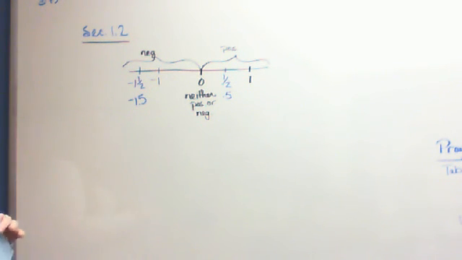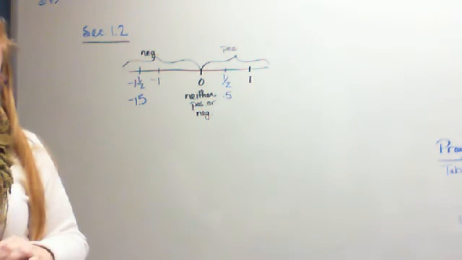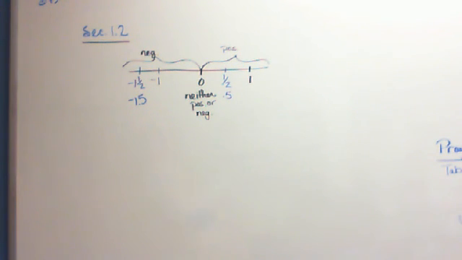So when we look in our book, on page 10, they want you to give the coordinate of each point. So if you look, problem number 1 says C. They want to know where C is. Up above is the number line.